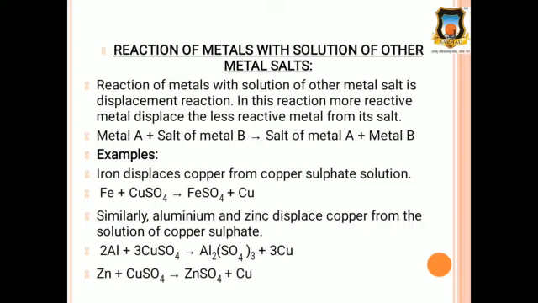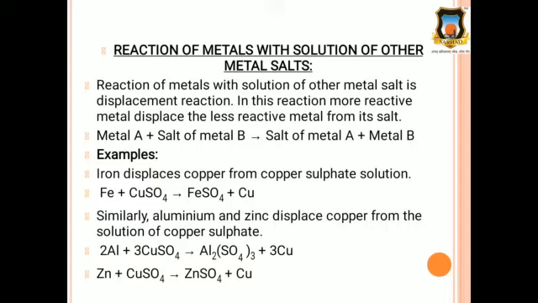लेकिन हर जगह ये पॉसिबल हो ऐसा ज़रूरी नहीं है. The metal which is more reactive, वही डिस्प्लेस करेगा. मतलब अगर मैं यहाँ पे एक रिएक्शन दिखाऊँ आपको, Fe plus CuSO4, FeSO4 plus Cu. This one is the possible reaction.